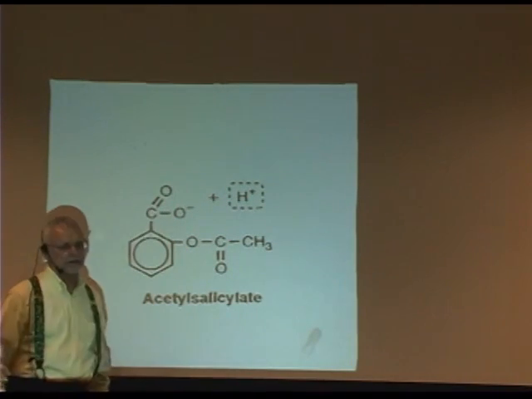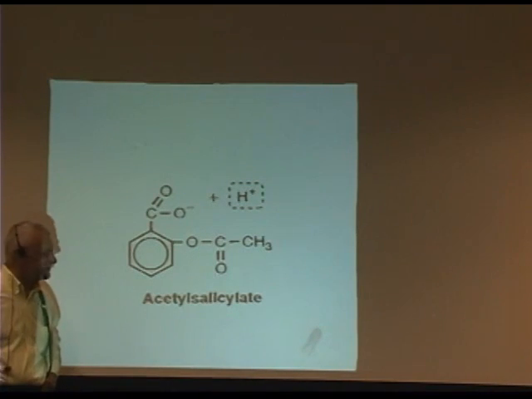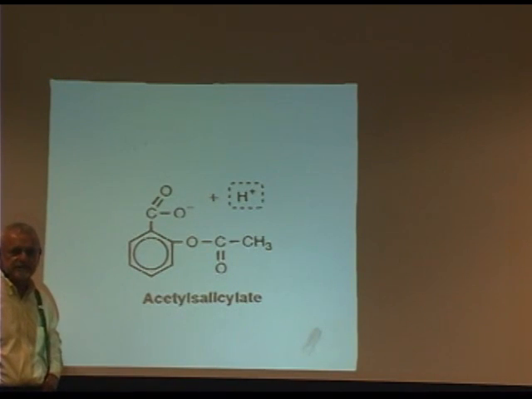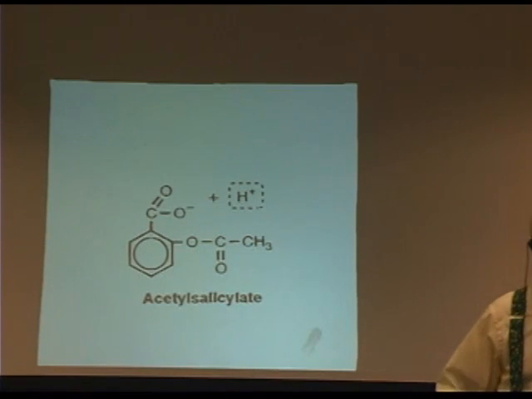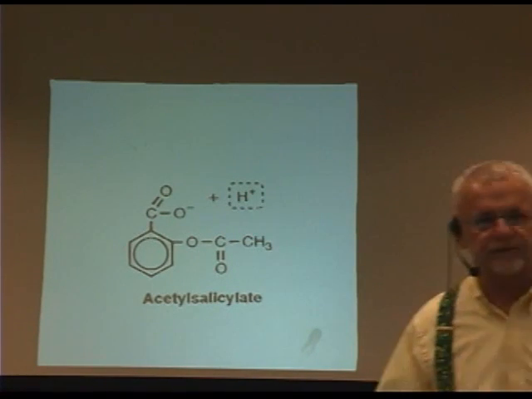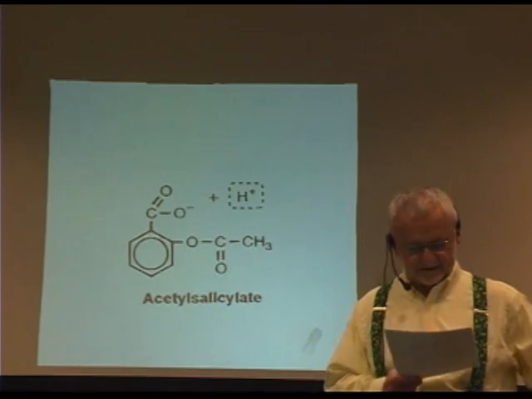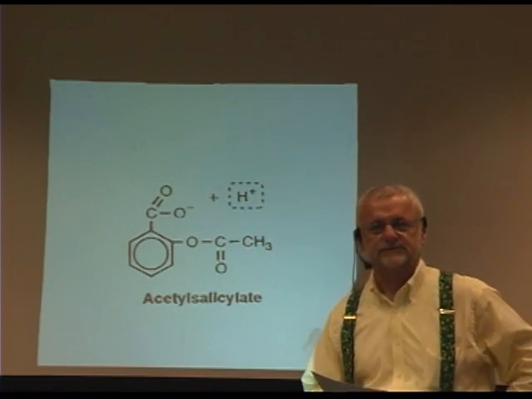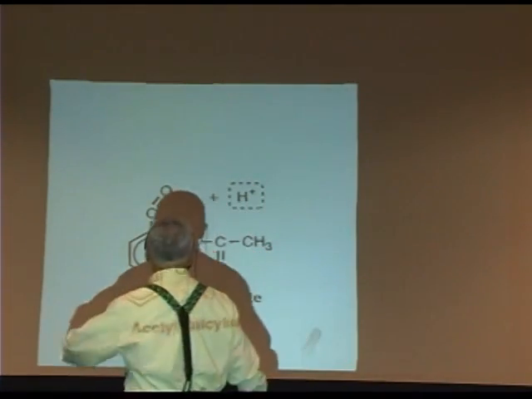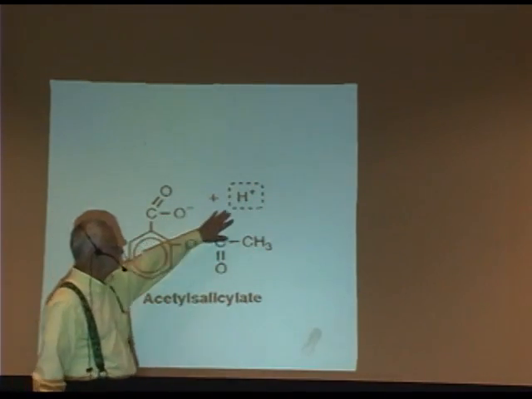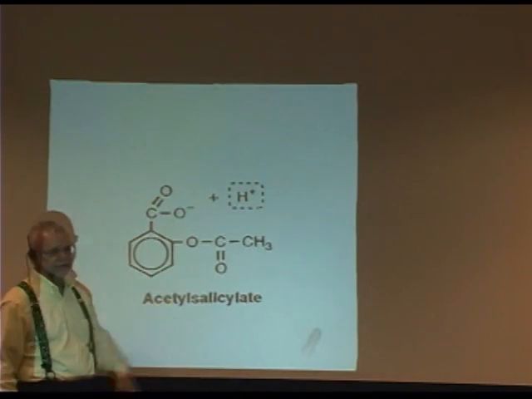If you put the proton on here, it's acetyl salicylic acid, or acetyl salicylic acid. And whichever one you choose to use is all right with me. I don't know which one's prevalent out there. I've heard people use both of them on several continents, so I don't think it really matters that much. It dissociates, the acid dissociates into the proton and the conjugate base.